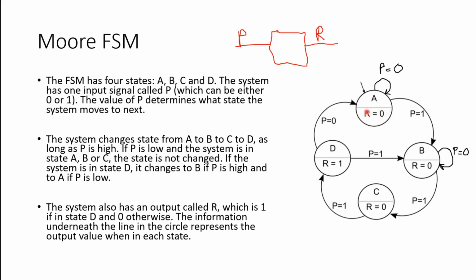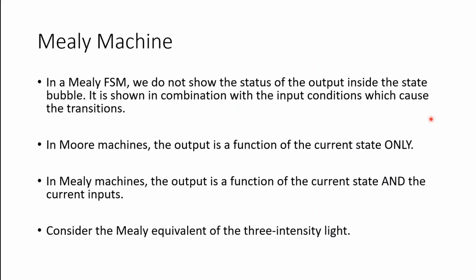Instead, we would represent this output on the transition arc itself. In Moore machines, that's the one we just looked at, the output is a function of the current state only. In Mealy machines, the output is a function of the current state and the current inputs.